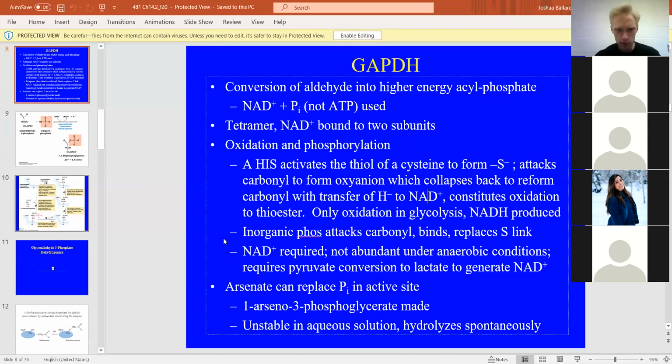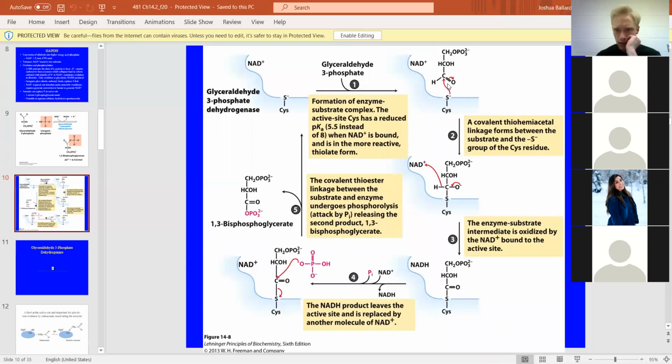So I'm going to see if this kind of shows it. Right here, what activates the cysteine is this histidine, which deprotonates the sulfur, and then the sulfur attacks the carbonyl. This is because of sulfur's electronegativity. Sulfur is a pretty electronegative atom, I believe. It's on the top right-hand corner of the periodic table.